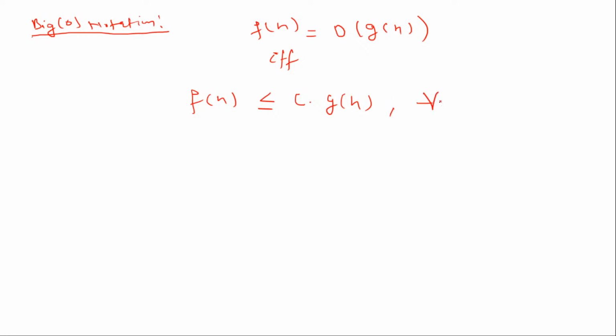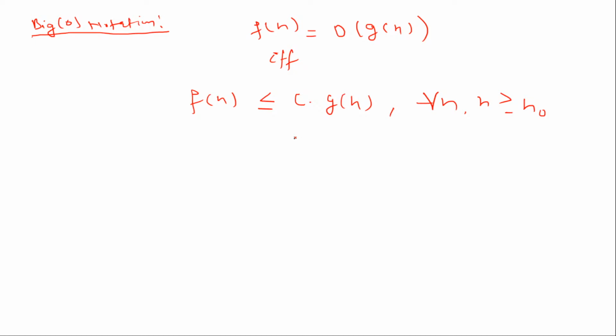Function f(n) equals big O of g(n) if and only if f(n) is less than or equal to c dot g(n), for all n greater than or equal to n naught.